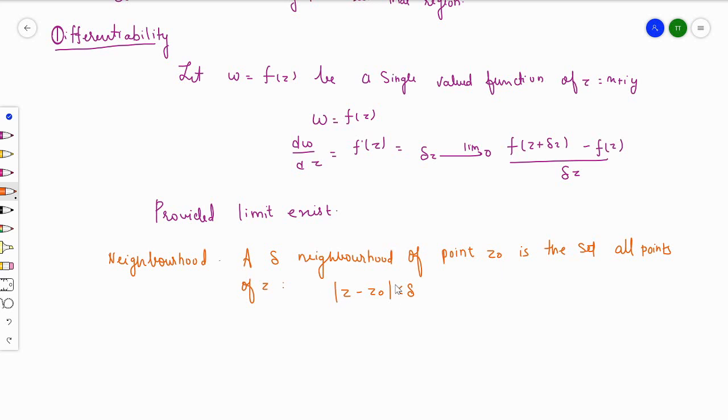Okay, delta is any positive number, and we have to find z such that modulus of z minus z0 is less than delta.